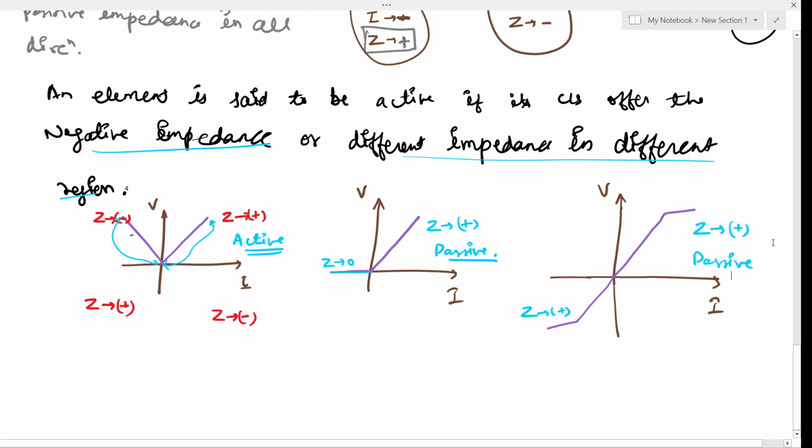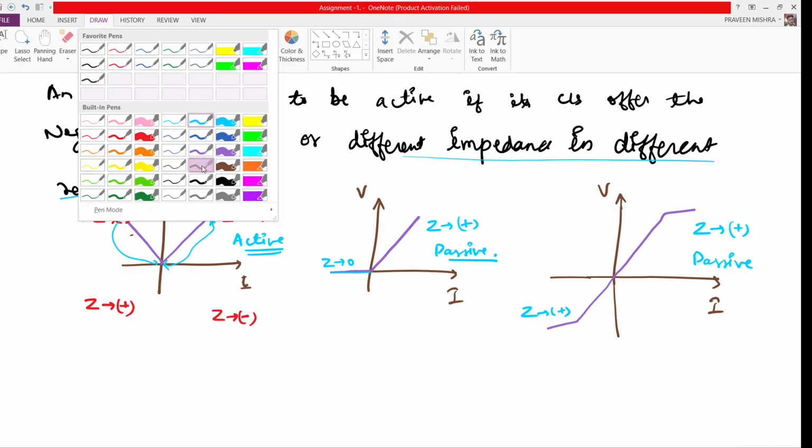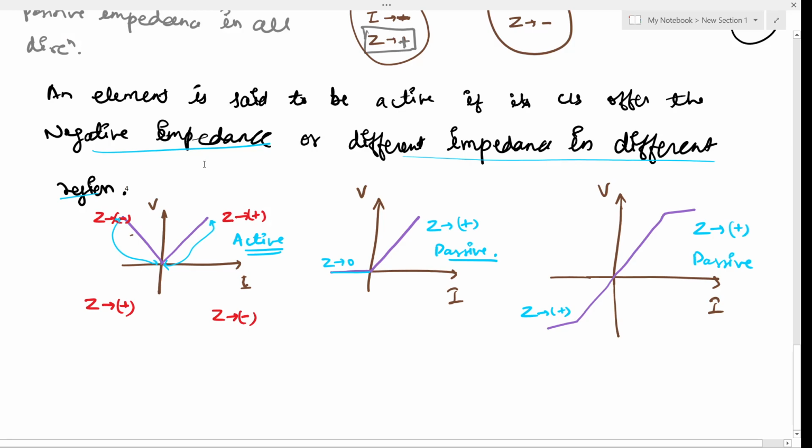Okay, now again if we plot other types of characteristic, meaning if the characteristic is like that, again same V-I.